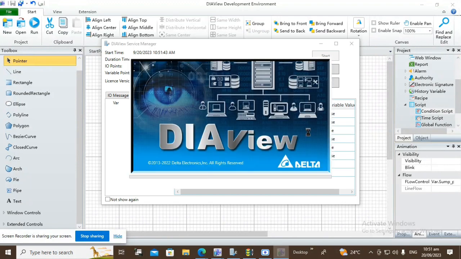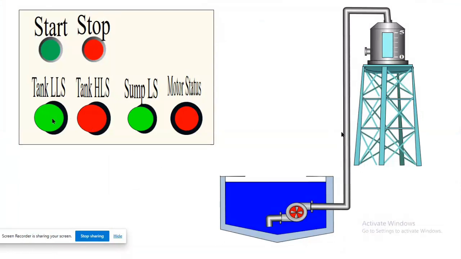Oh, good. Now you see, this is straight away communicating with the PLC. There is an indication that there is water up to the low level sensor on the tank. Now I'll release some water from the tank.